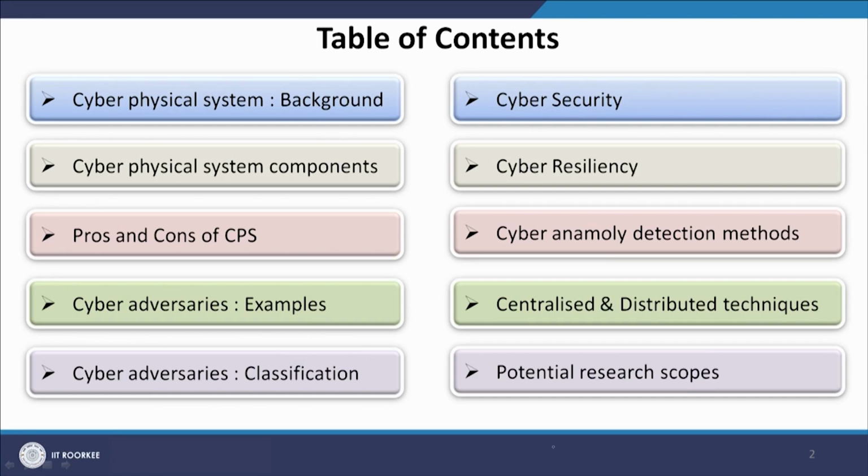We will also talk about different classifications related to cyber adversaries. What is cyber security? Definition of cyber resiliency, cyber anomaly detection methods, centralized and decentralized techniques, and finally, the potential research scope for graduate students.